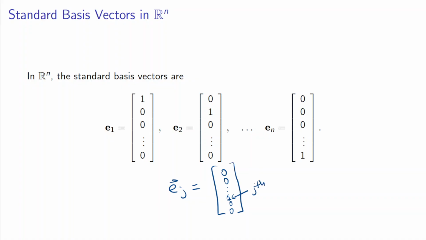So E1 has a 1 in the first spot. E2 has a 1 in the second spot. E3 would have a 1 in the third spot. En has a 1 in the nth spot. So the idea here is we've got n of these. They're mostly zeros with a 1 in just one spot.